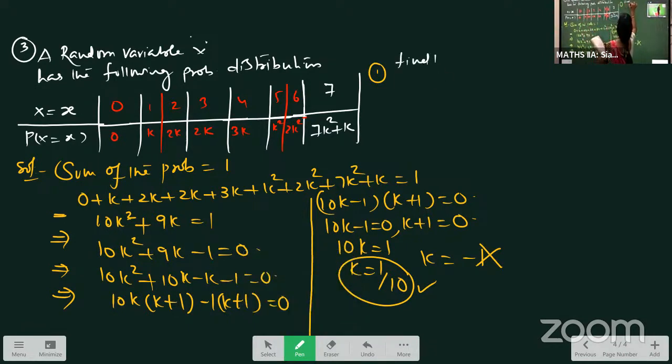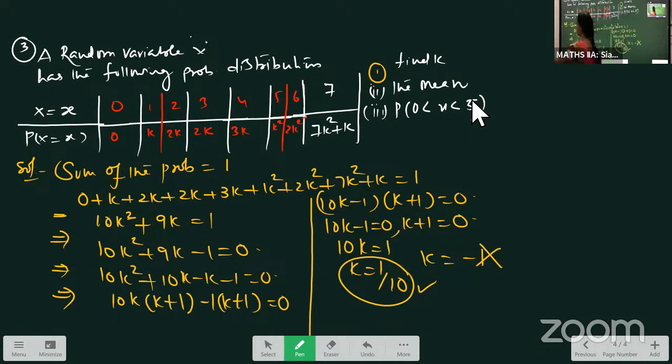Second, he has asked the mean, and the third one asked is P of 0 less than x less than 5. In this, we already found the K value, 1 by 10. So we should go for the mean.